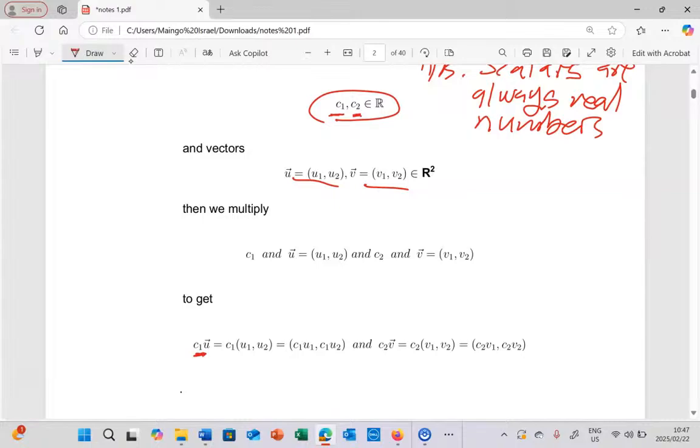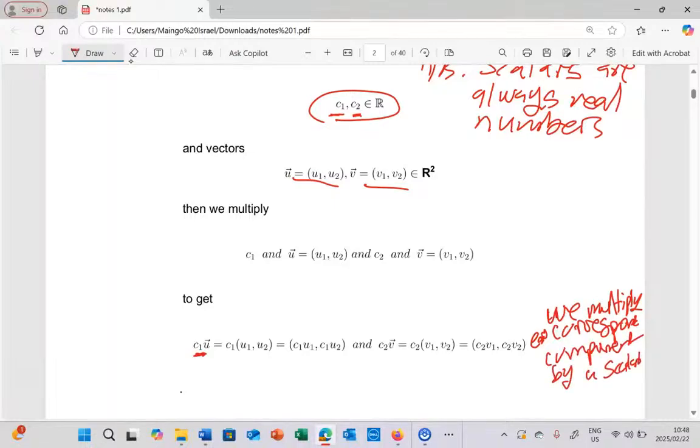It equals, we multiply each corresponding component by the scalar.